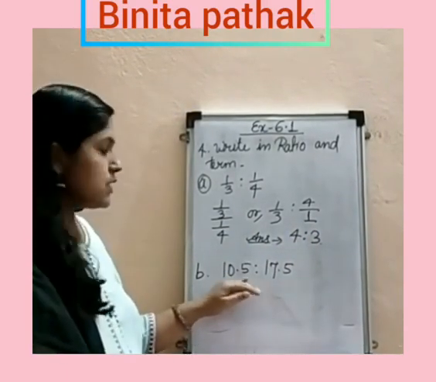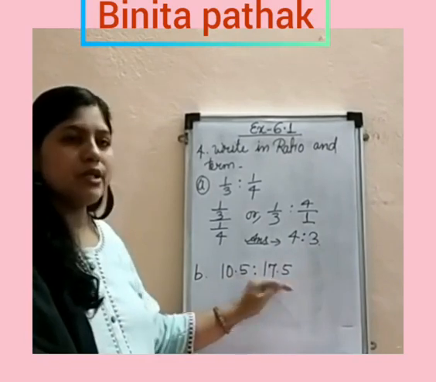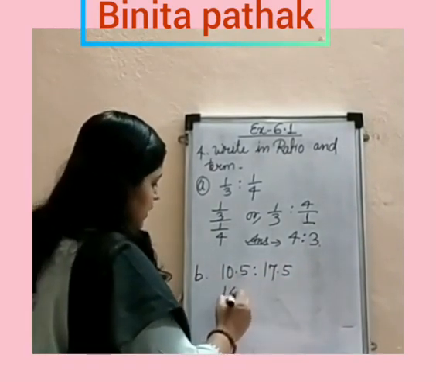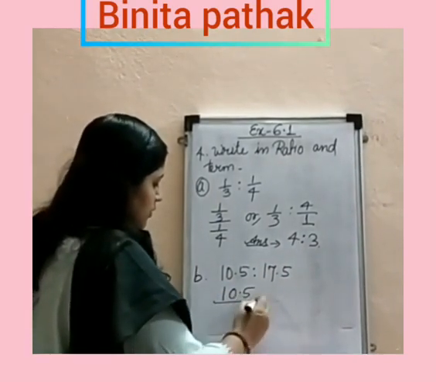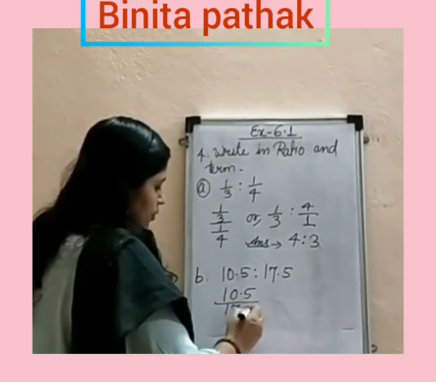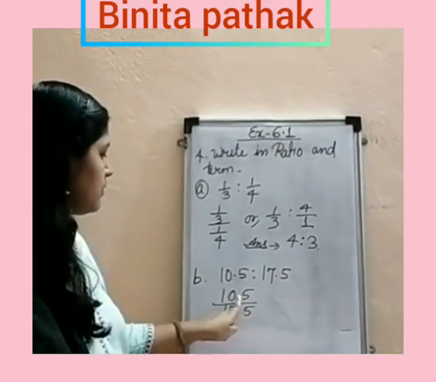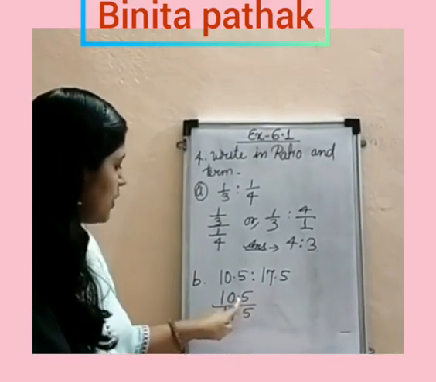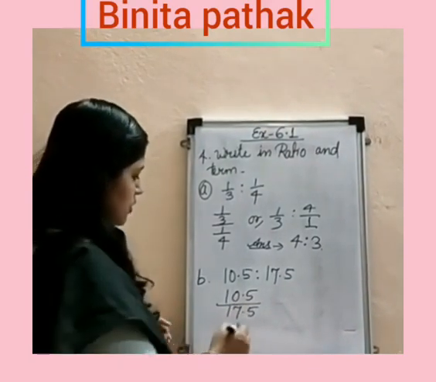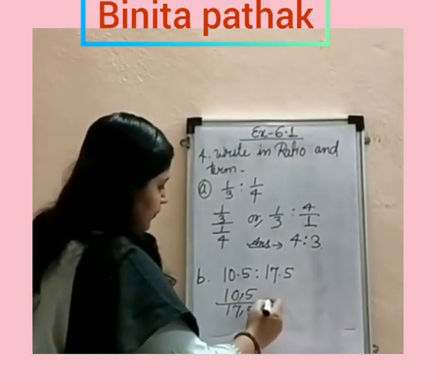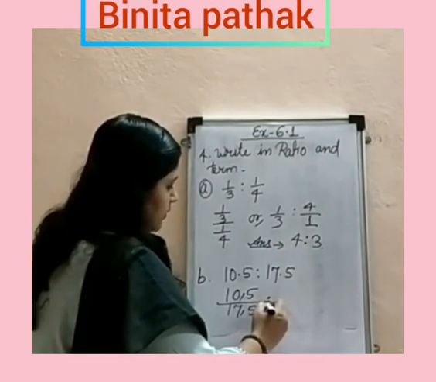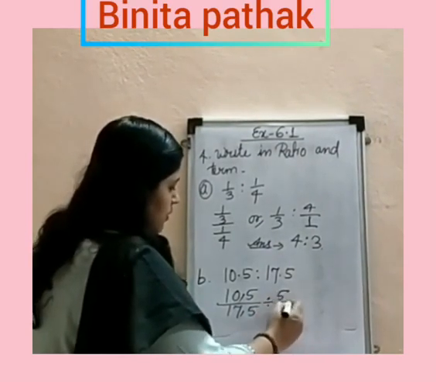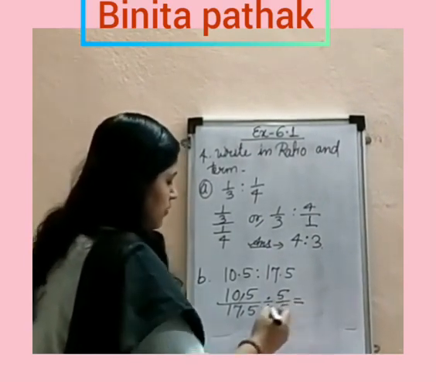The next question is 10.5 is to 17.5. We can also write it 10.5 upon 17.5. The decimal is given before one digit here, so we can cancel the decimal and multiply by 10. Divide by 5 upon 5.